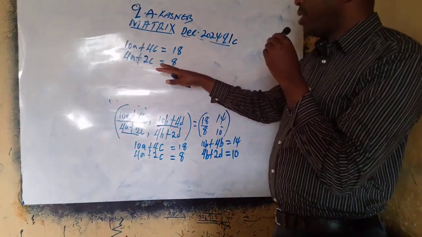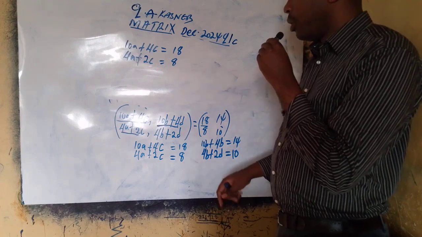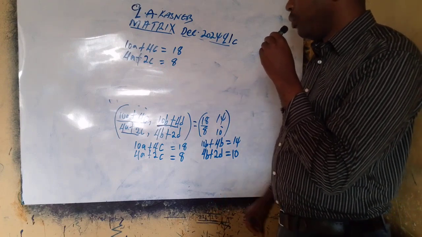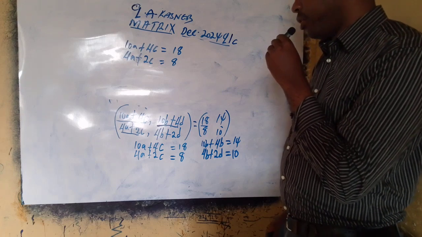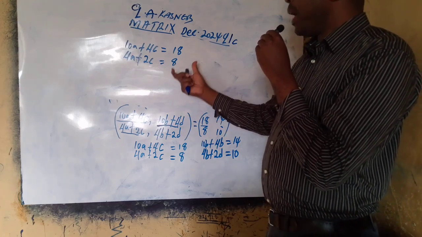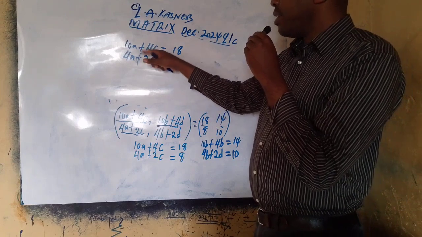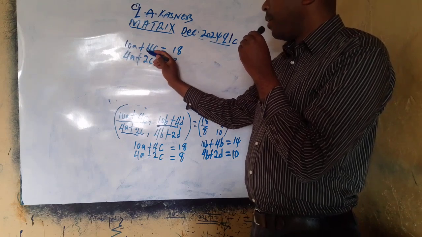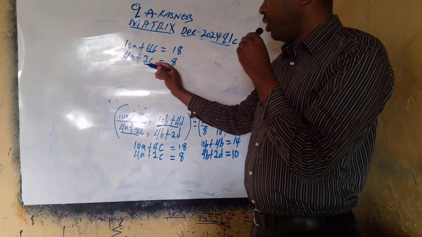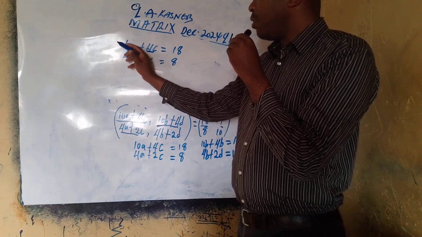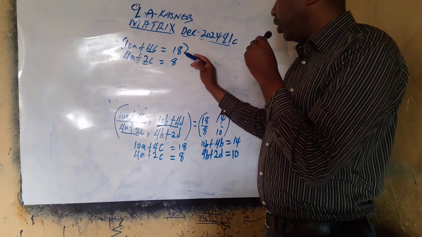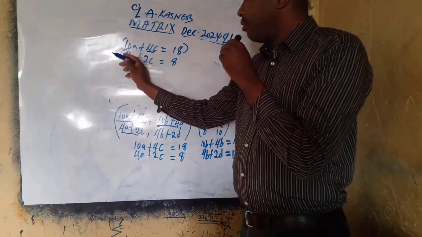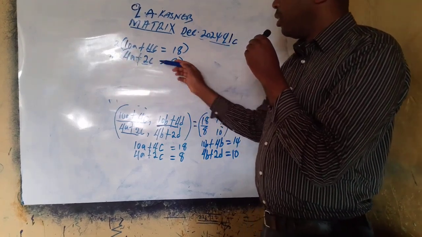We have various methods of solving simultaneous equations, but I want us to use the elimination method. And elimination is whereby you make one of the unknowns equal. For example, here you have 4C and here you have 2C. I can multiply the entire of this equation by 2 and the entire of this equation by 4.